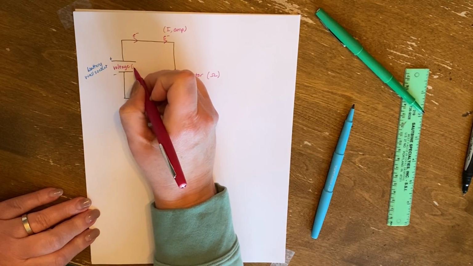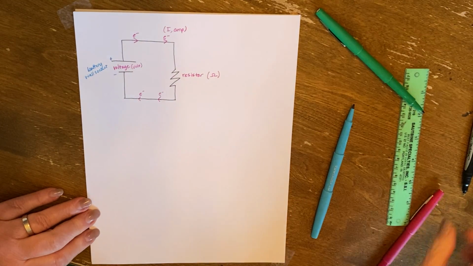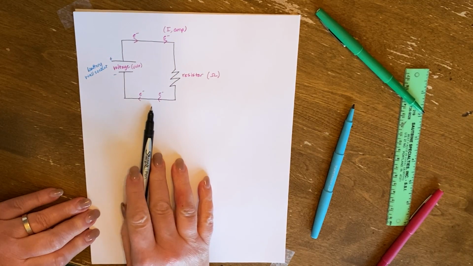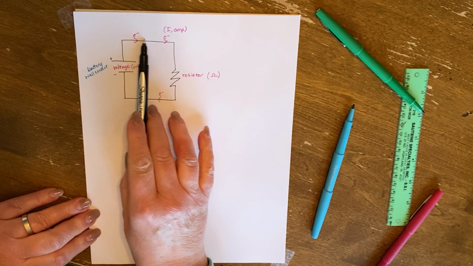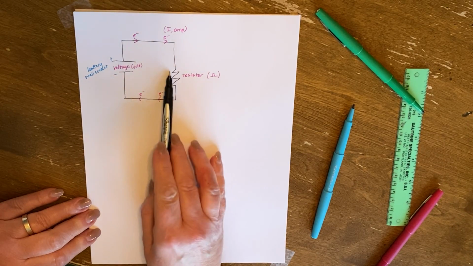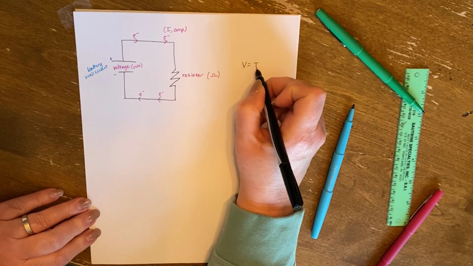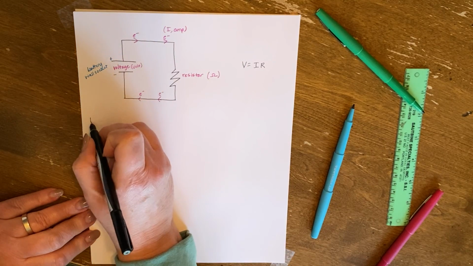Okay, our voltage, obviously, the unit is volts. Okay, so this is a picture of a complete circuit with our voltage source, the current flowing around, and the current flowing through a resistor. All right, and remember, Ohm's law is V equals I times R. Okay, so let's look at an example.